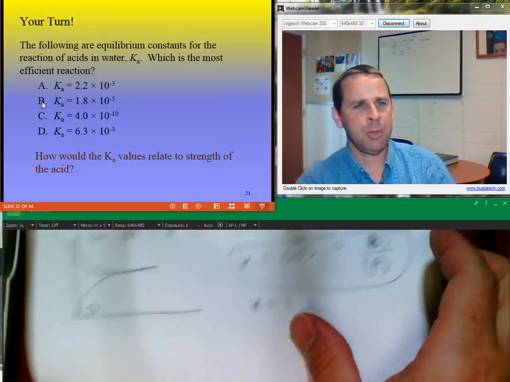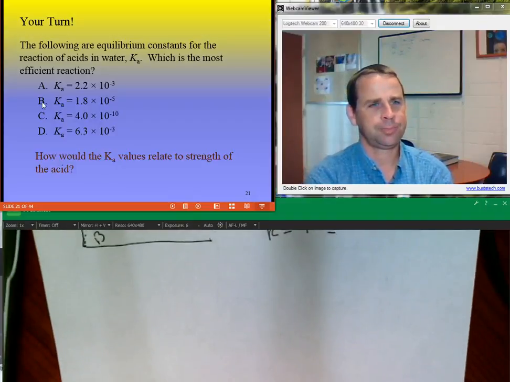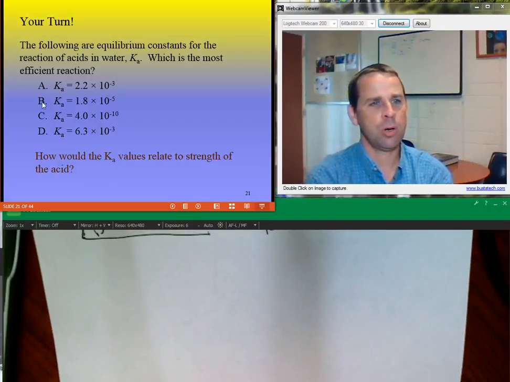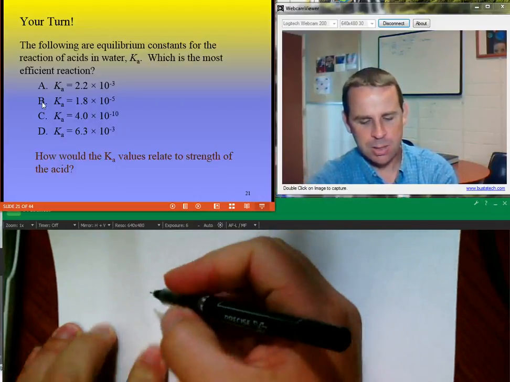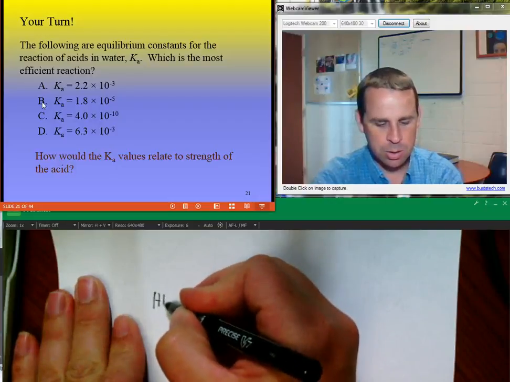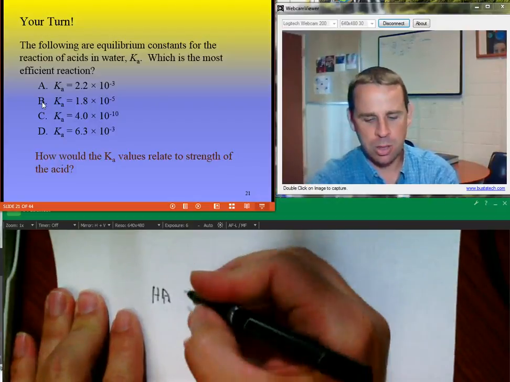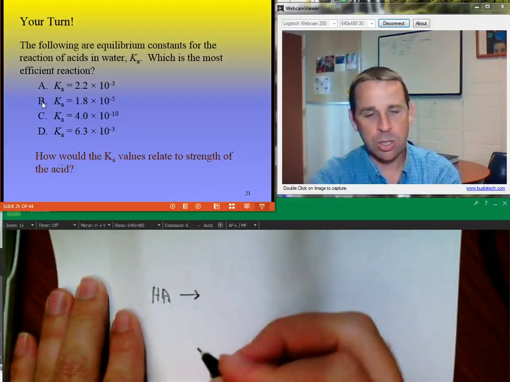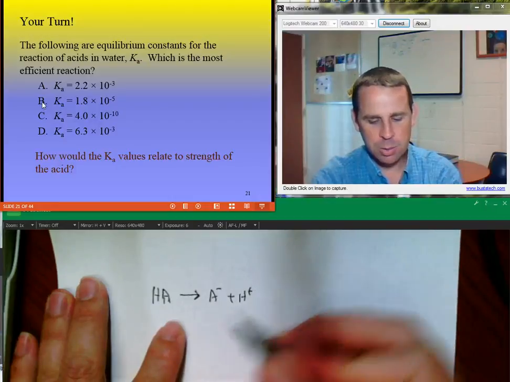So here are some equilibrium constants for a reaction of an acid and water. And what is the more efficient reaction? Now, what does efficient mean? Efficient means I have some chemical reaction. This is an acid and water, so I'll say HA. A represents the acid, H represents its proton. And if I'm going to dissociate that acid in the water, then I'm going to get A minus and H plus.